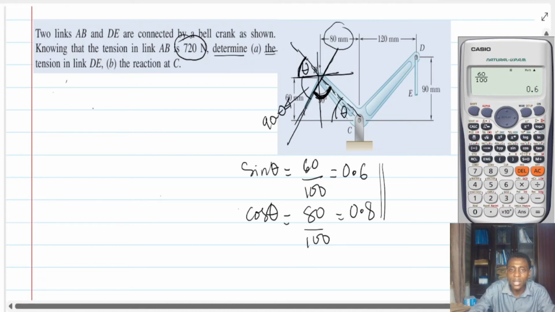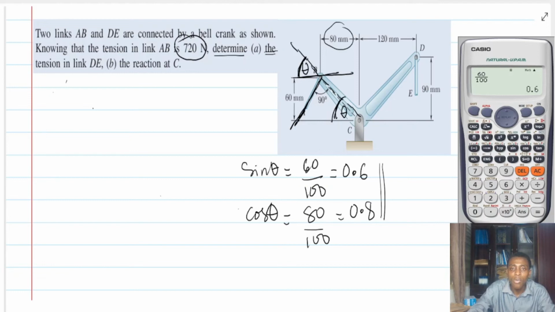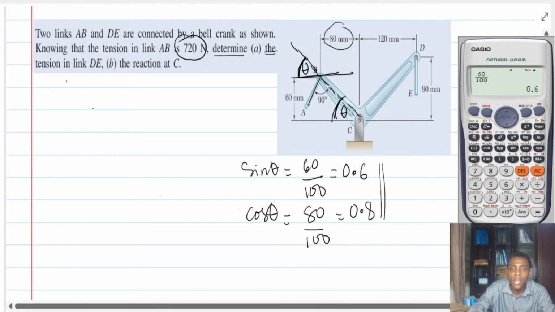And if this portion is 90 minus theta, this and this is also 90, okay? Therefore, if this is 90 minus theta, this small angle here must be what? Theta. This is interesting. So all we were trying to say is that if this is 90 and then this is theta, then the angle that the tension force will form, if I were to draw a vertical, the angle that the tension force will form with the vertical would have been theta. So that's basically what we are saying.